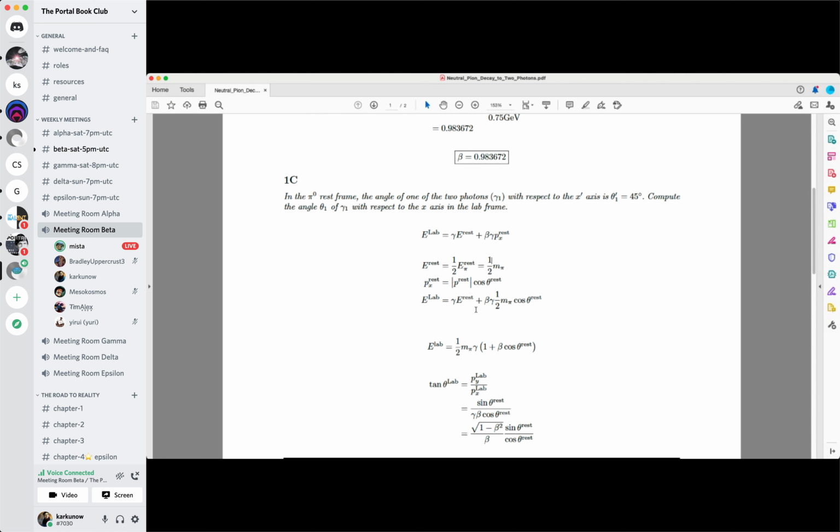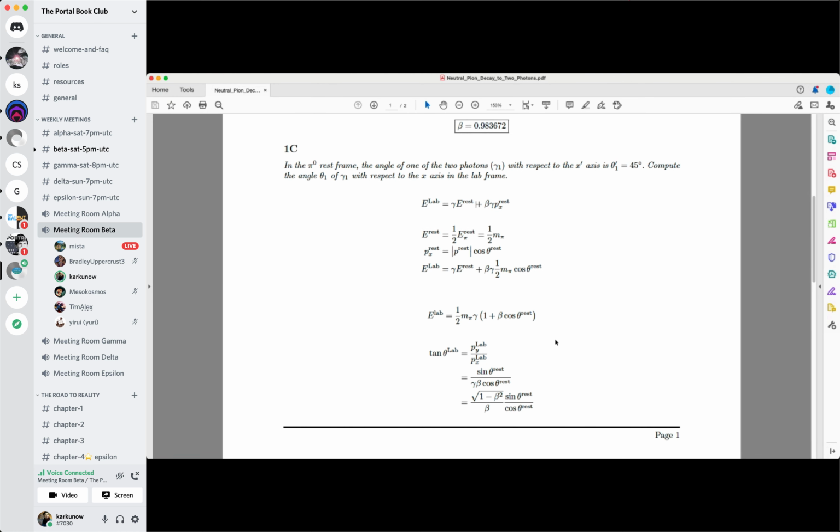You can factor out the mass of the pion and a gamma, because E rest is still a half times the mass of the pion. There's a lot of substitution going on here. We're starting with the first expression, and then using the physical intuition of what's going on in the rest frame, I'm finding out how to substitute these values. So I find E rest, and I find P x rest, and I plug these in.